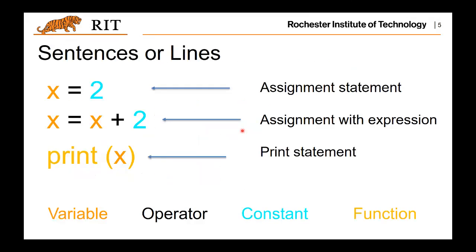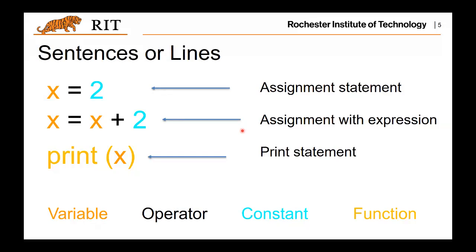So here is, I would say, the simplest set of code, right? We have 3 lines of code. 2 is assigned to x, then x plus 2 is assigned to x, and then in the third line, the value of x is printed. So basically, there are 3 different operations. The first line is an assignment statement, meaning the variable is assigned a certain value by the programmer.